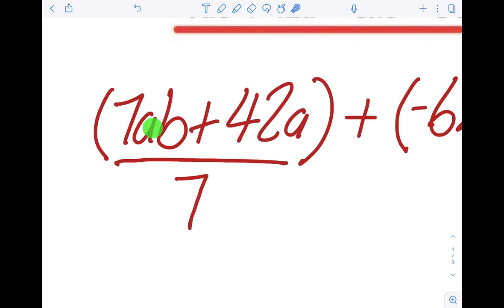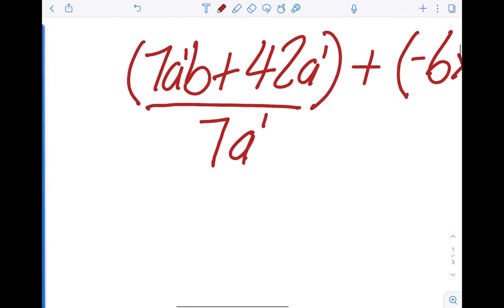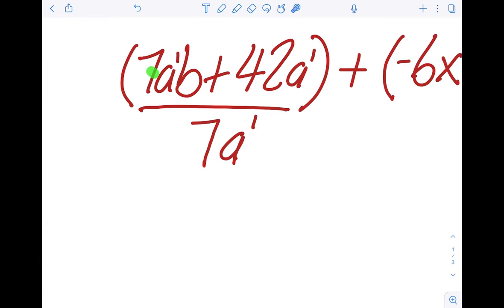And they both have a and a, which is technically a to the first. So I can take out a to the first on both. All right, so what am I left with? 7 divided by 7 is 1. A to the first divided by a to the first, 1 minus 1 is 0, no more a's.